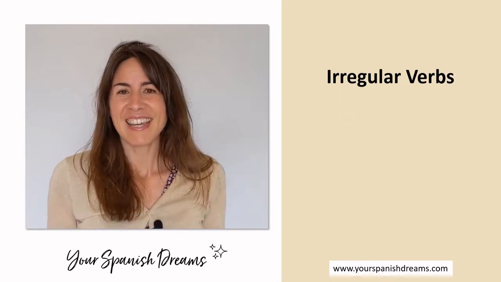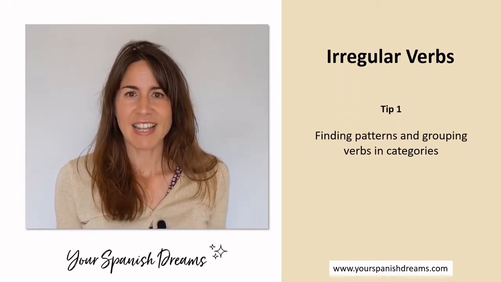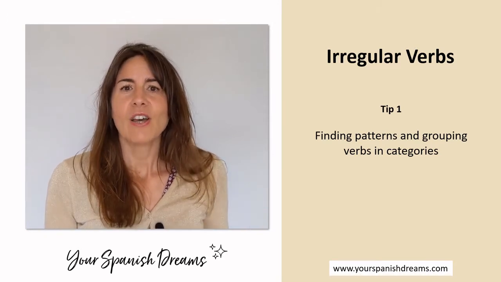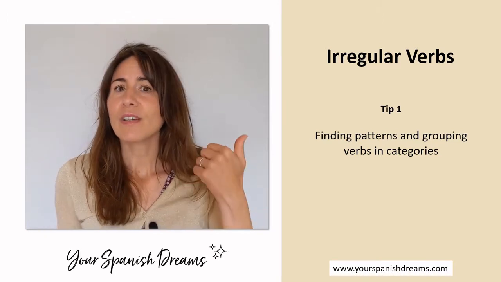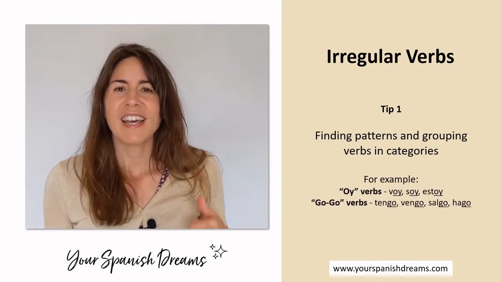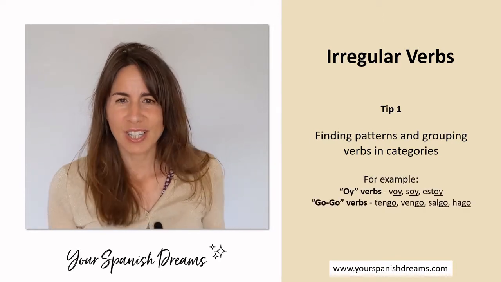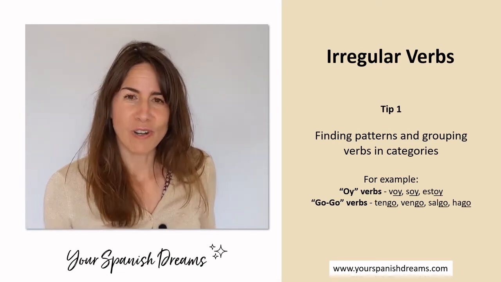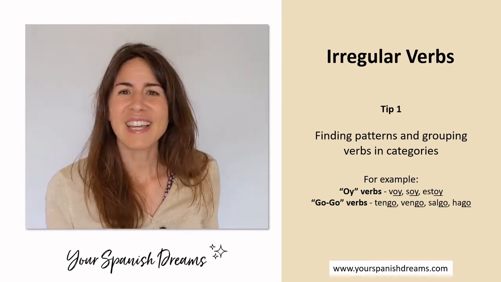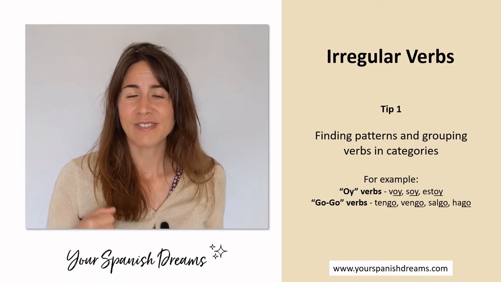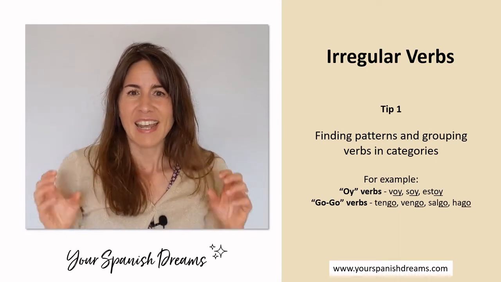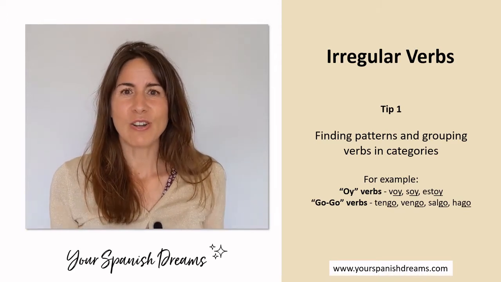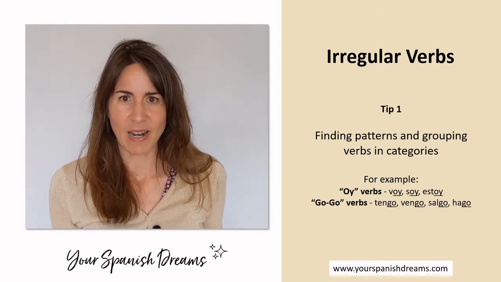Number 1 is finding patterns and grouping verbs together into categories. For example, we've got the hoy verbs: voy, soy, estoy. Also the go-go verbs: tengo, vengo, salgo, hago. See? Now, when we look at patterns, things actually look a lot easier to manage.